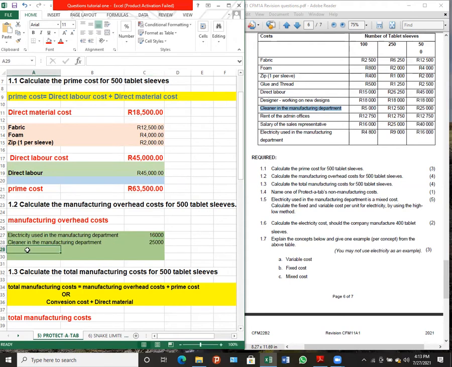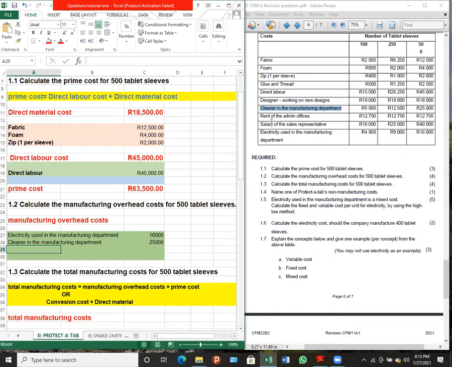And then what else? Rent of the admin offices. Remember, rent for admin offices falls under non-manufacturing overhead.